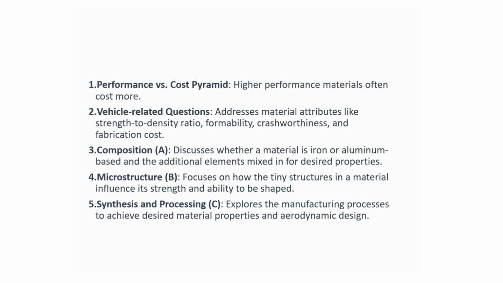In terms of composition, it discusses whether a material is iron or aluminum based, and how additional materials are mixed in for desired properties. In terms of microstructure, it focuses on how the tiny structure in a material influences its strength and ability to be shaped. In terms of synthesis and processing, we explore the manufacturing process to achieve the desired material properties and aerodynamic design.